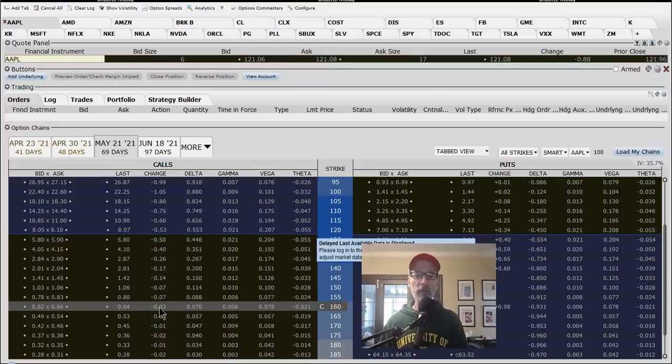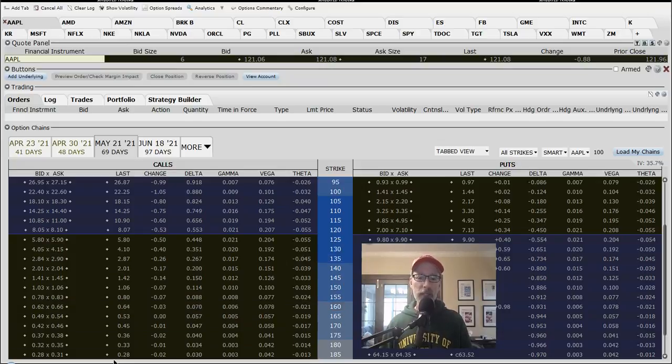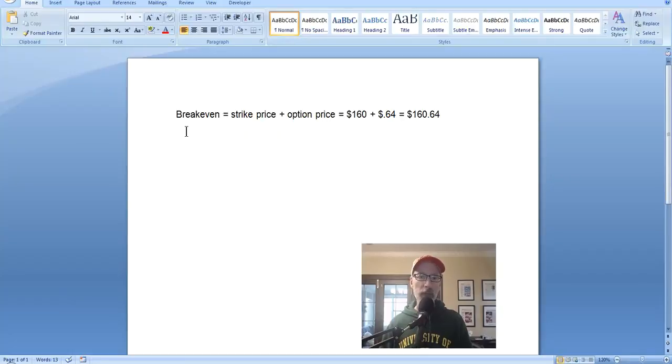Okay, so it's very, very important to understand where your break even is and where along the expiration scale it could be time to take profits. If we go back to our document here, the break even for the Apple trade, if you bought that 160 call, you take the strike price plus whatever the option costs, 160.64.